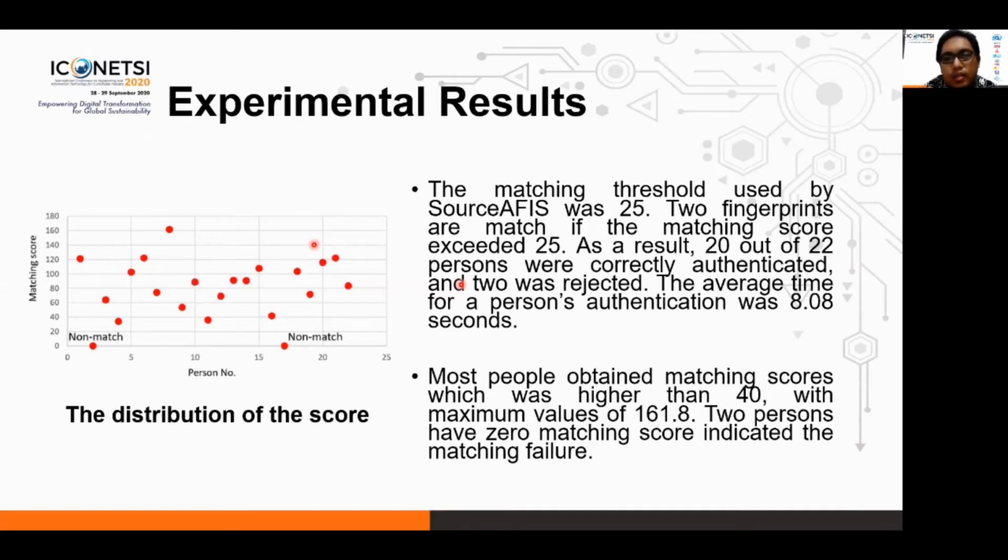As the result, 20 out of 22 were correctly authenticated, and 2 were rejected. The average time of person authentication was 8.08 seconds. Most people obtained a matching score higher than 40, with the maximum value of 161.8.